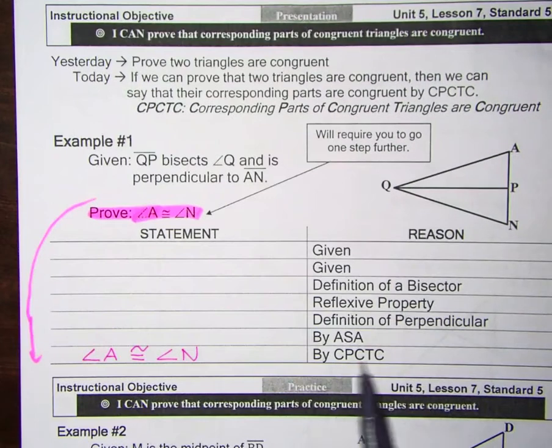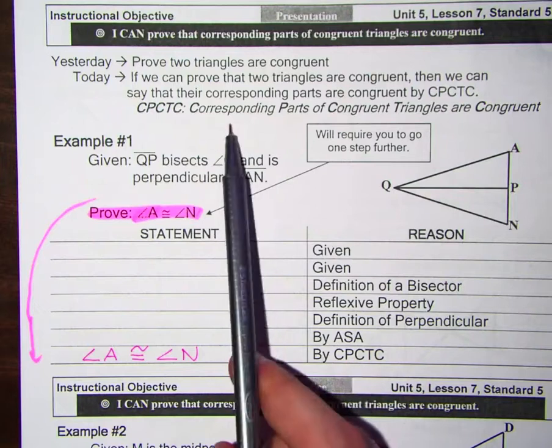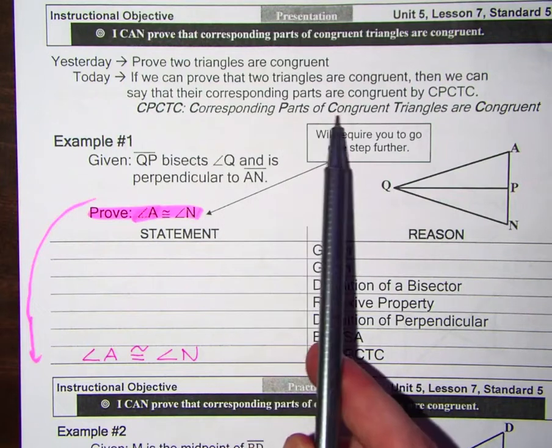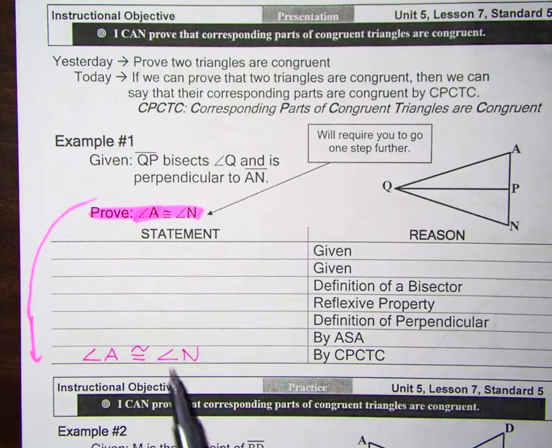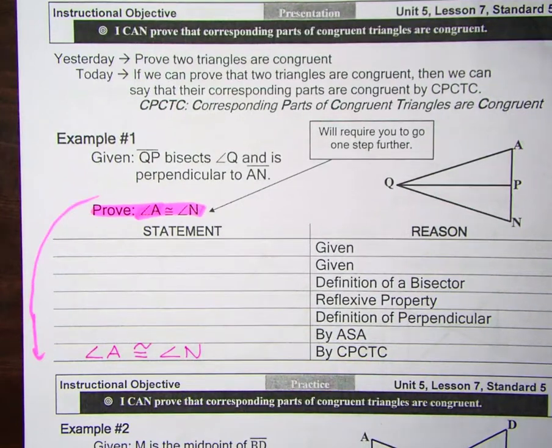This is a real fancy way of saying it, but the corresponding parts, the matching parts, inside congruent triangles, well, they have to be congruent, don't they? And that's all this is saying. If we first prove the triangles are congruent on this line right here, then you know their matching parts are too. That's what this says. Corresponding parts of congruent triangles, they have to be congruent too.